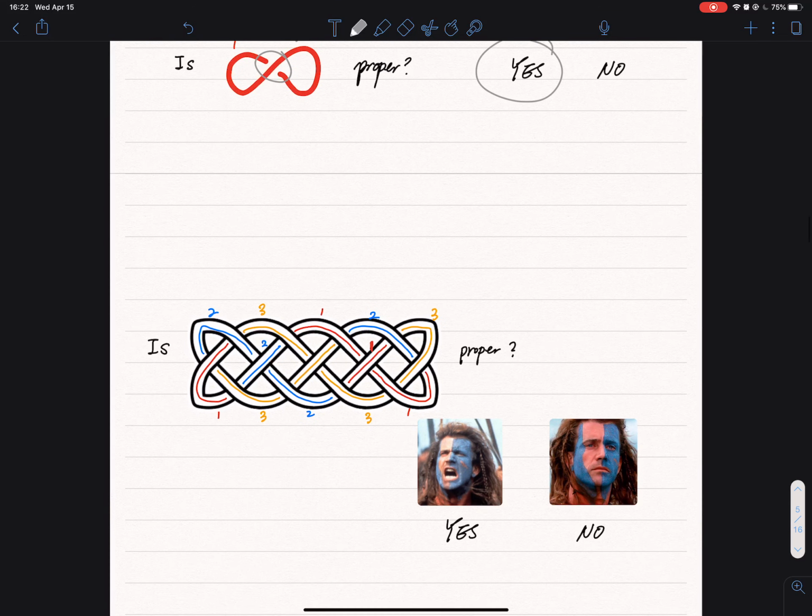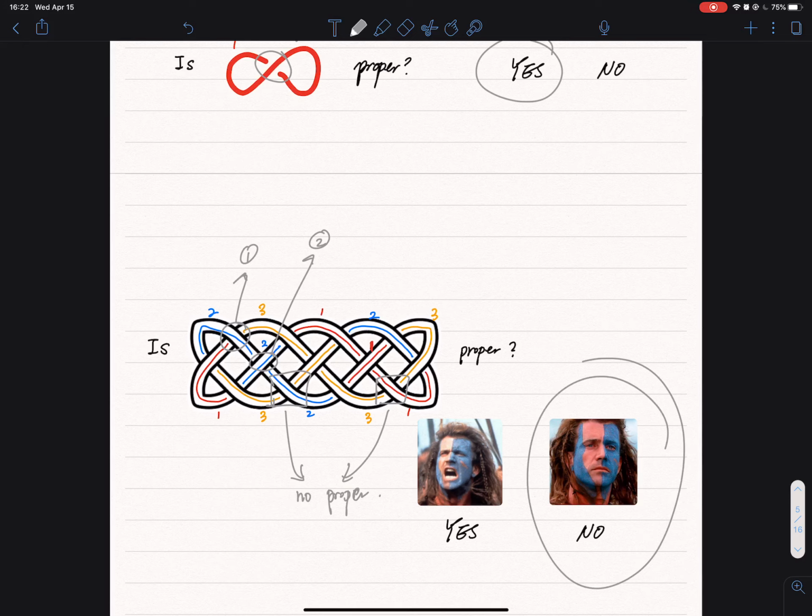Well, this Celtic knot has a lot of good coloration points. However, it does have 2 naughty colorations, which result in a not proper knot coloration. So, sorry, this is not a very proper coloration.